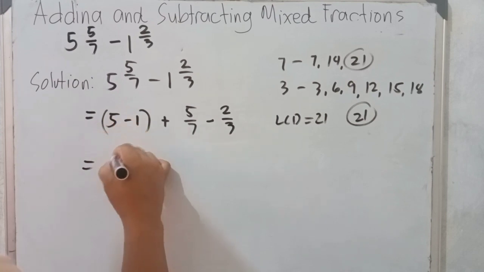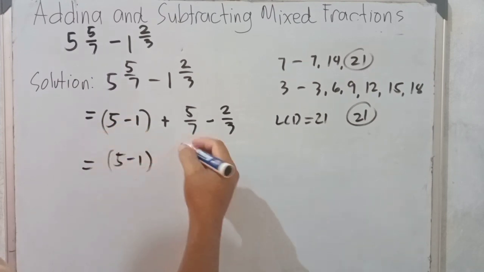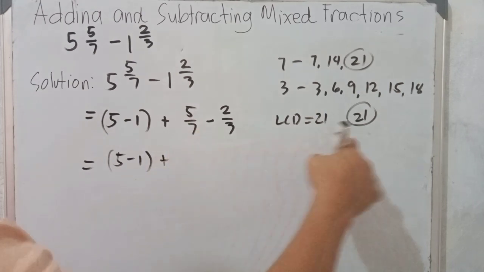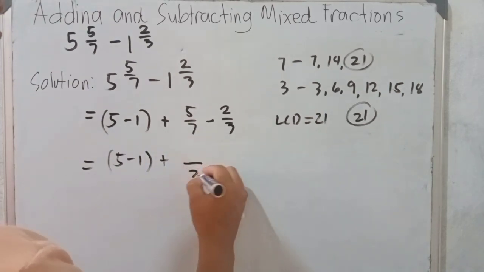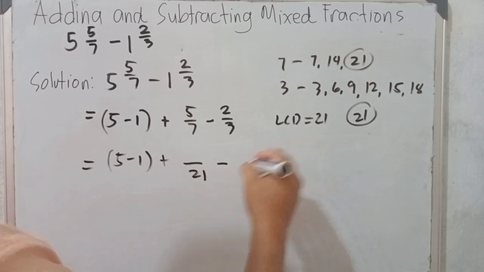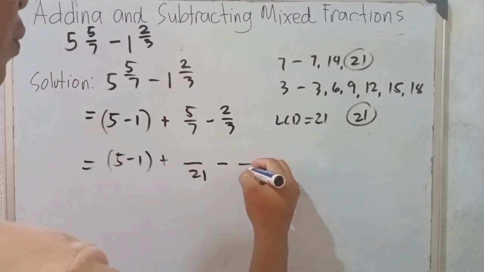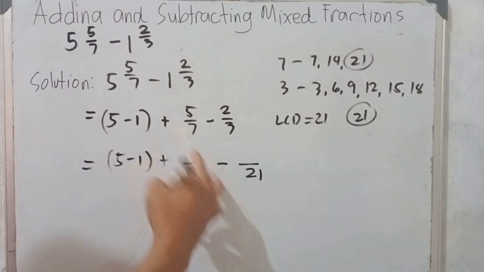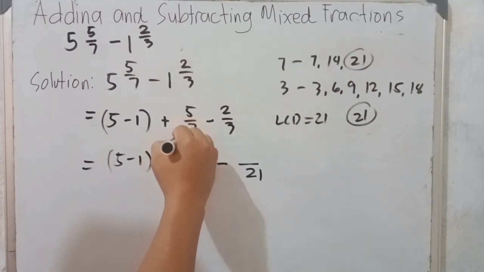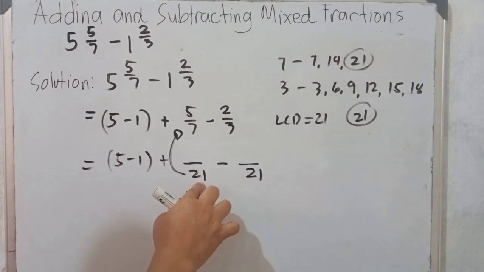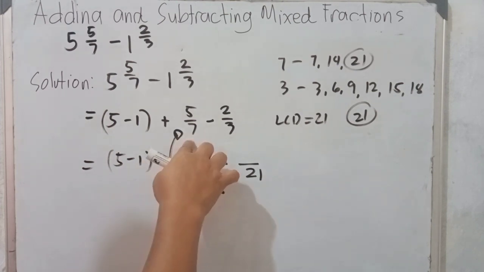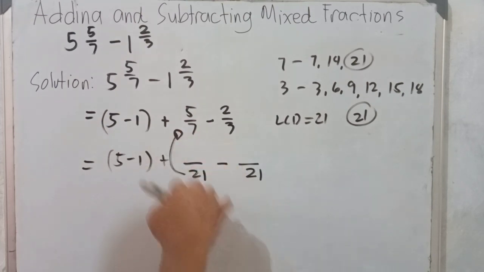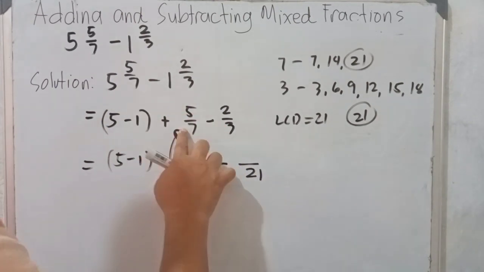So 5 minus 1, just copy that. Then put the 21 first. So 21 divided by 7 is 3. You divide 21 by 7, which is 3. The answer to your division, you multiply by the numerator 5.